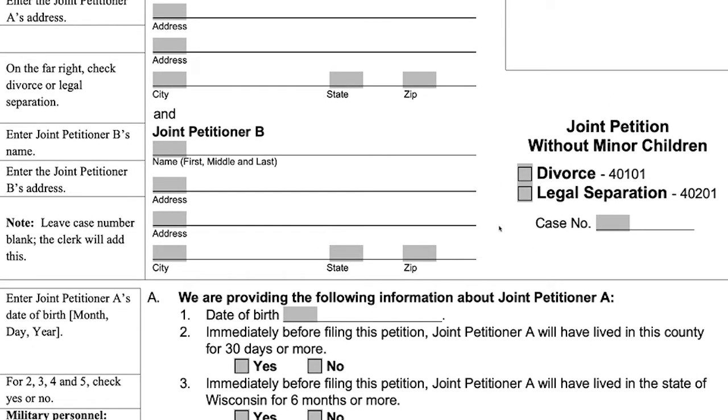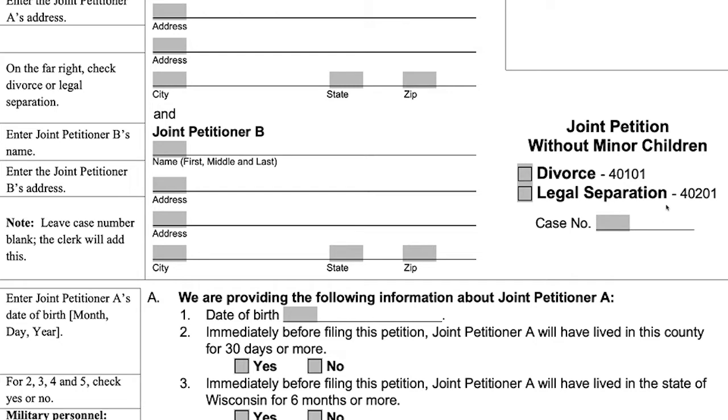Over here, you'll see the title of the form, the joint petition without minor children. And underneath it, you'll see options to select either divorce or legal separation, because they use the same forms in the Wisconsin system to start both. But as you can see, they're differentiated and they have different case codes.